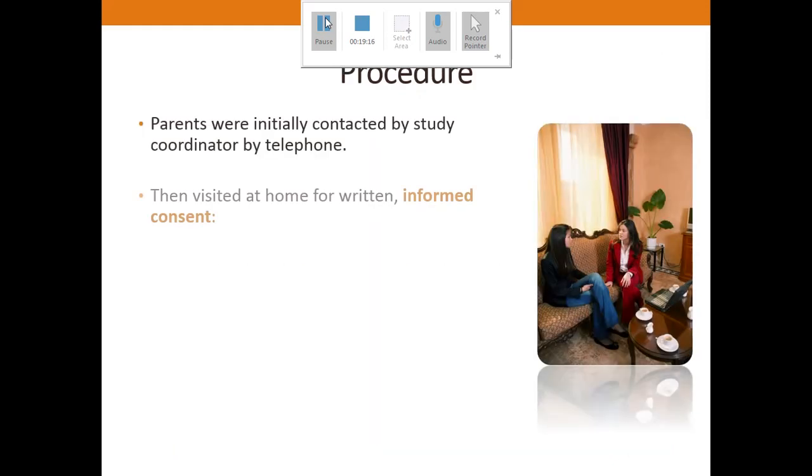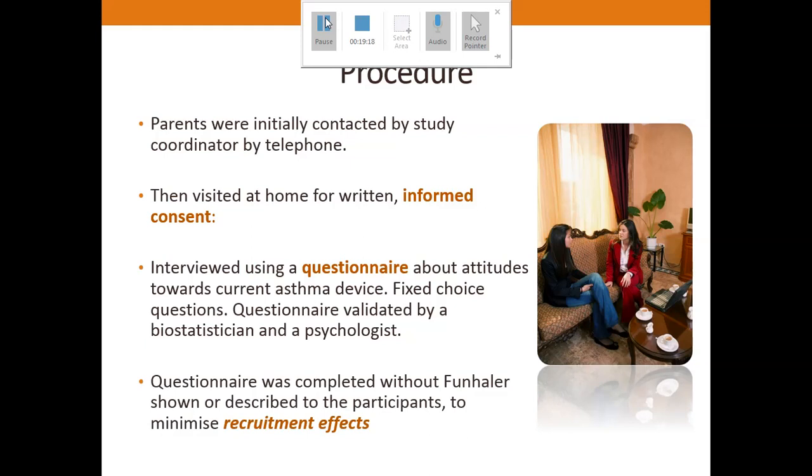Alright, so the parents were initially contacted by the study coordinator over the phone. And then if they said they were interested in taking part in the study, the coordinator visited them at home, where they got written informed consent.